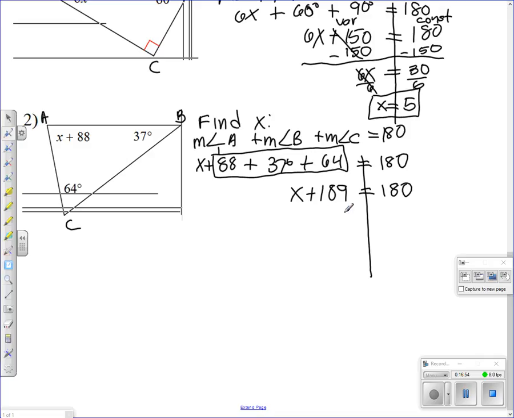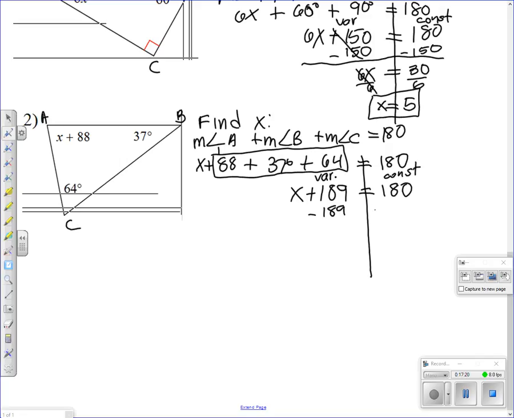Step number 3, separate variables and constants. Variable means the letter. So where is the letter? Letter will be on the left side, so variables on the left and constants on the right. Variable means letters. I would like for both of these to have a letter. If it doesn't have a letter, get rid of it. So 189 does not have a letter, so minus 189.